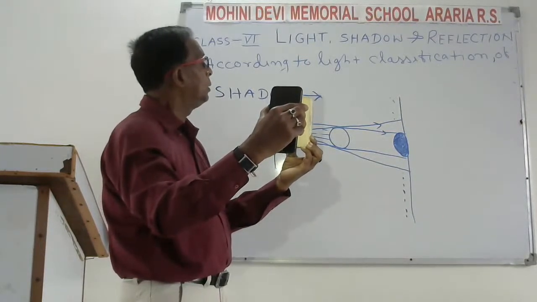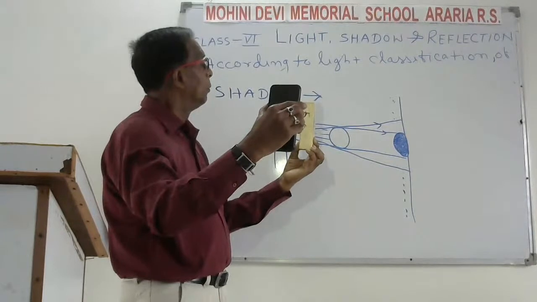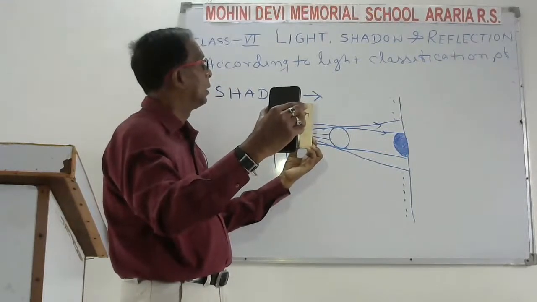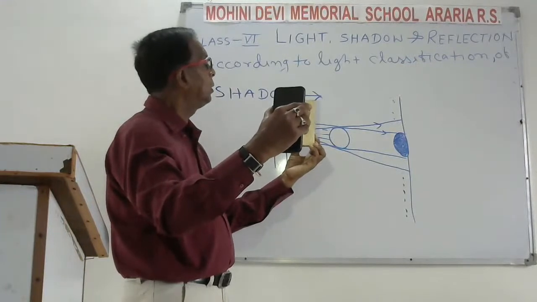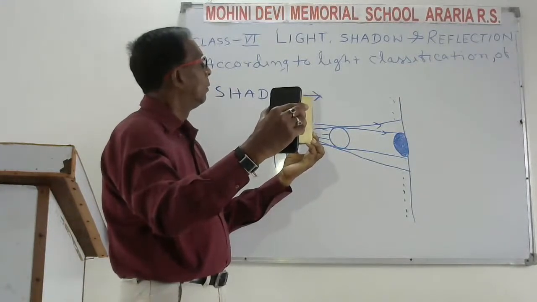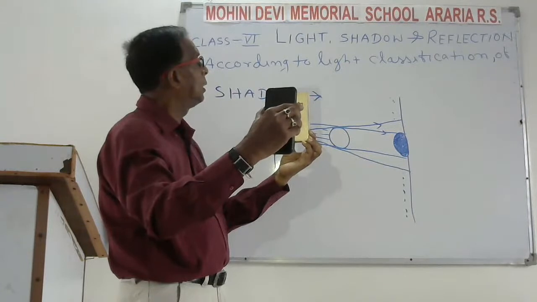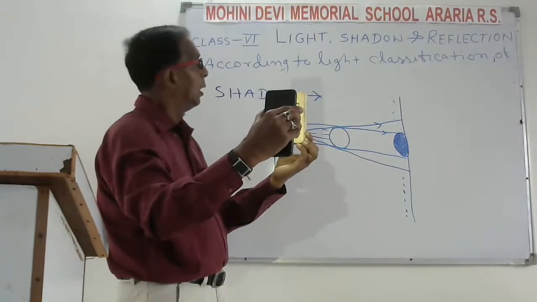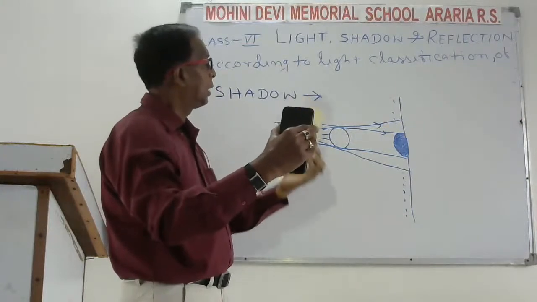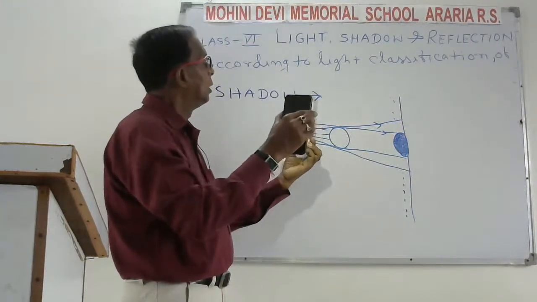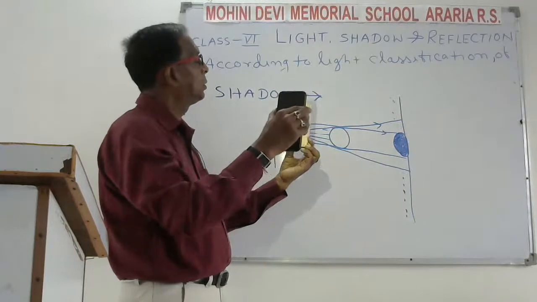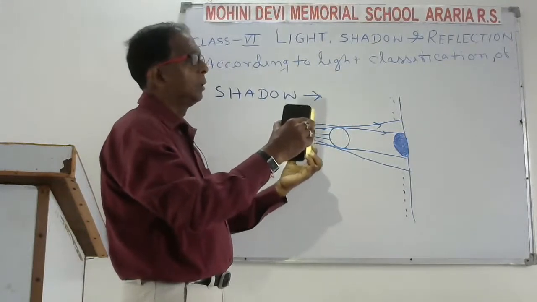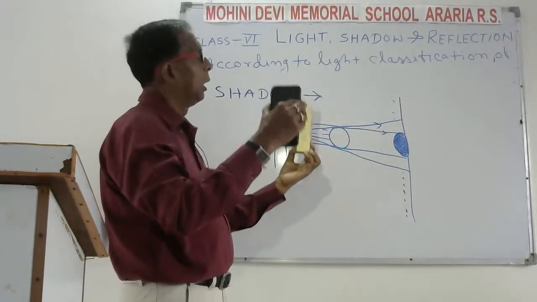The shadow is decreasing when the distance between the screen and the object is less, and the shadow is increasing when the distance between the screen and the opaque object is increasing. It means the size of the shadow depends on the distance between the screen and the object and the source of light.